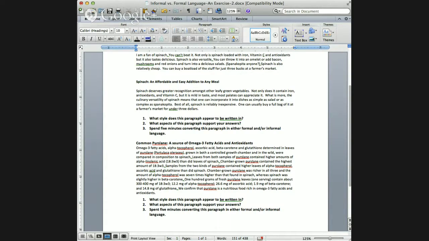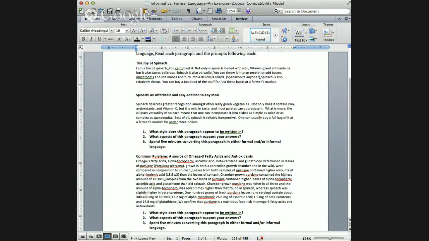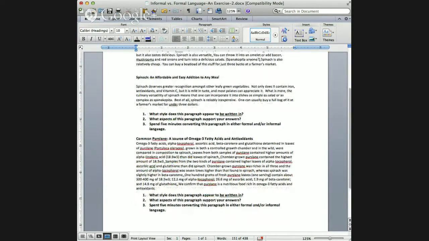And instead of a boatload, I said a full bag. And I didn't want to seem overly confident about what other people's farmers markets look like, so I said usually. I used one again instead of you. And that's what I did in terms of those markers of academic language that we looked at before.